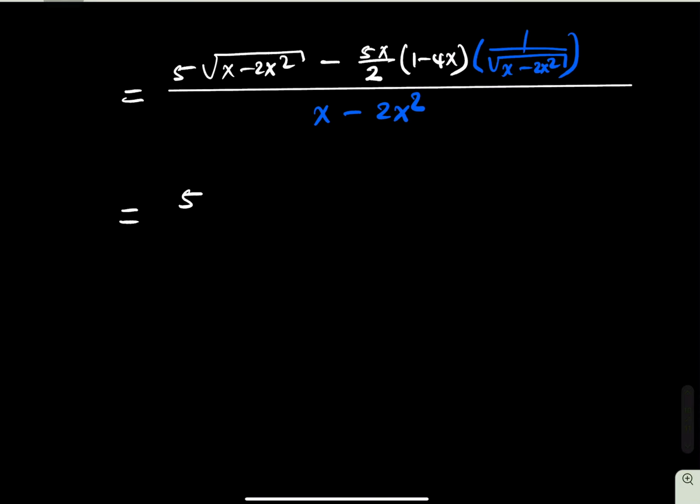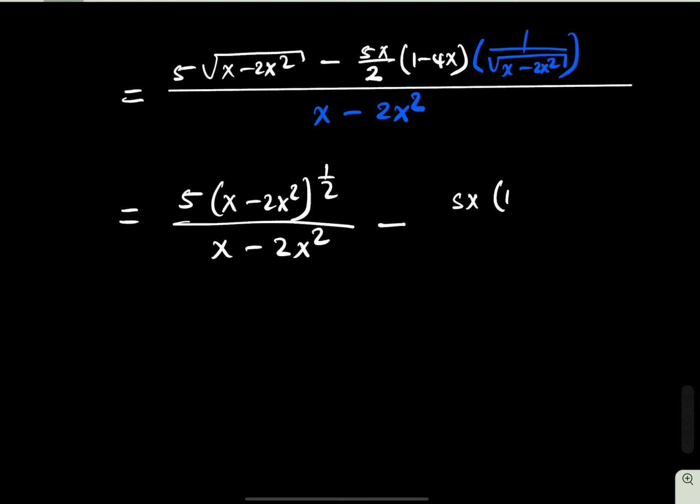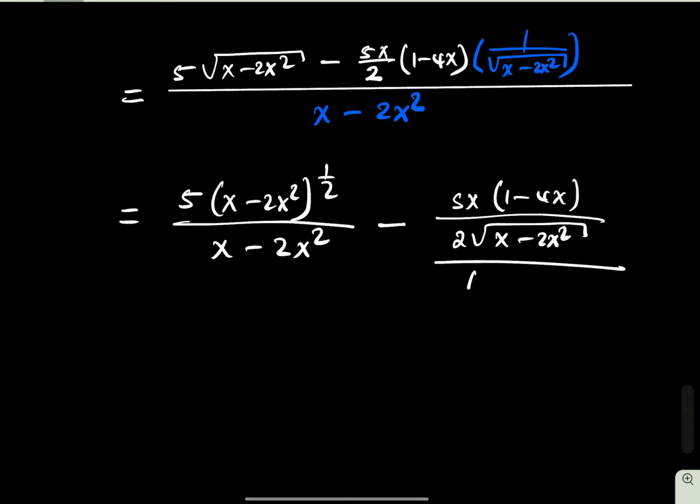So this is 5, and then this is 5 into x minus 2x squared to the power 1 over 2 divided by x minus 2x squared, and then minus 5x into 1 minus 4x divided by 2 times the square root of x minus 2x squared, divided by x minus 2x squared.